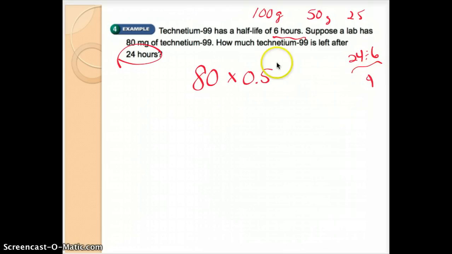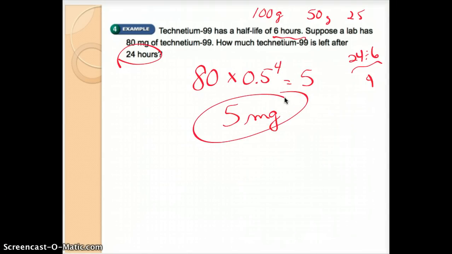So the 0.5 would get raised to the 4th power because I multiplied by 0.5 4 times. So if I do this, 80 times 0.5 to the 4th, I get an answer of 5. So after 24 hours, that 80 milligrams of technetium-99 that they started out with, we're down to 5 milligrams.